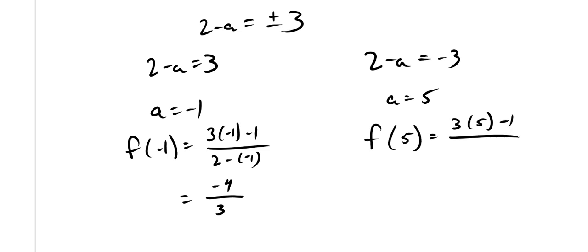Make sure you don't sub into the line that we were given. Remember, we were given a line that it was parallel to. Don't sub into that. That line isn't the tangent. That line could be anywhere. That original line, y equals 5 over 9x plus 7, is not the tangent. It's just parallel to the tangent. It might be the tangent, I guess. What am I missing here? 2 minus 5. So this is 15 minus 1, which is 14 over negative 3, so negative 14 over 3.